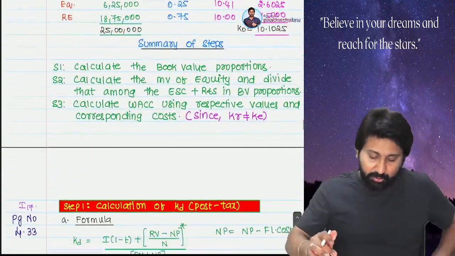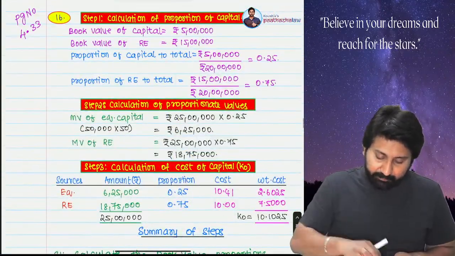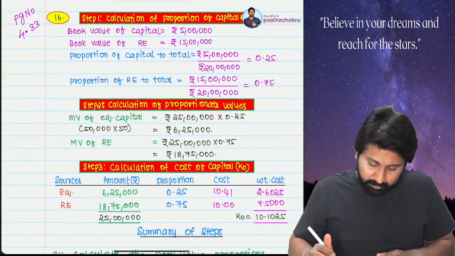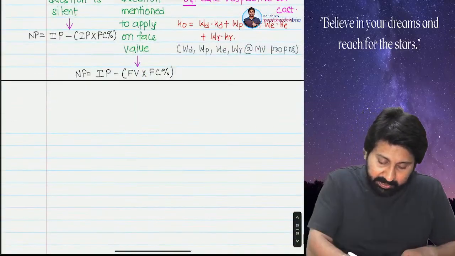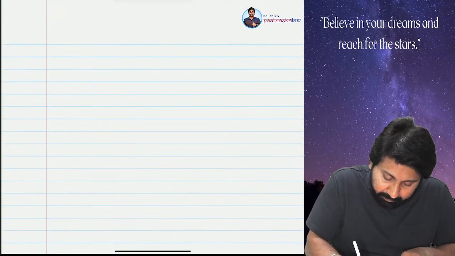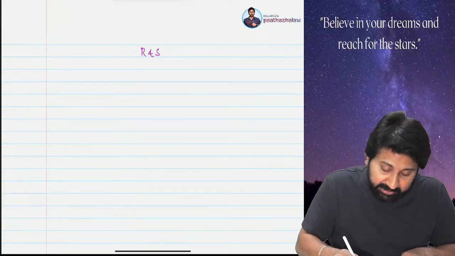So what I wanted to convey here, listen carefully. I will write here itself. Remember this adjustment clearly. In the exam, a question can come. They have given you reserves and surplus.